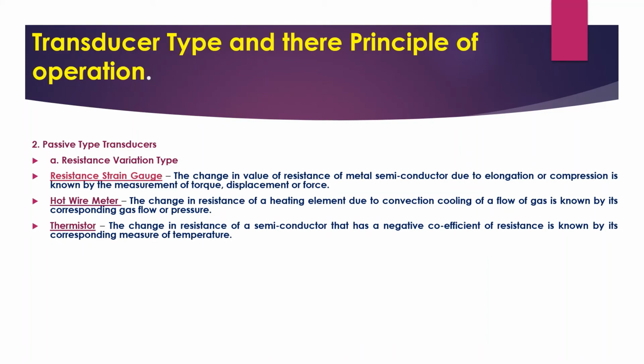The resistivity of the material can be changed by elongation or compression of that material. If you remember, the formula for resistor is R = ρL/A. Rho is resistivity of the material, L is the length and A is the area of cross section. So when you pull the resistor, L will change, therefore R will change.